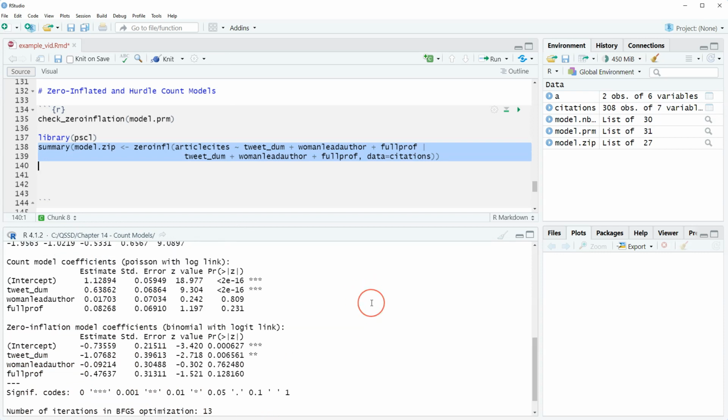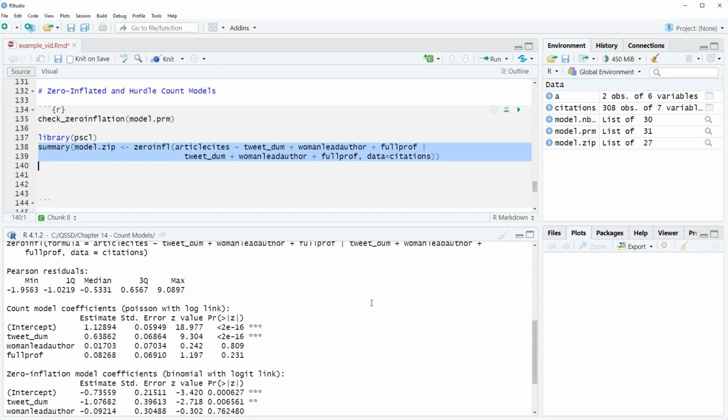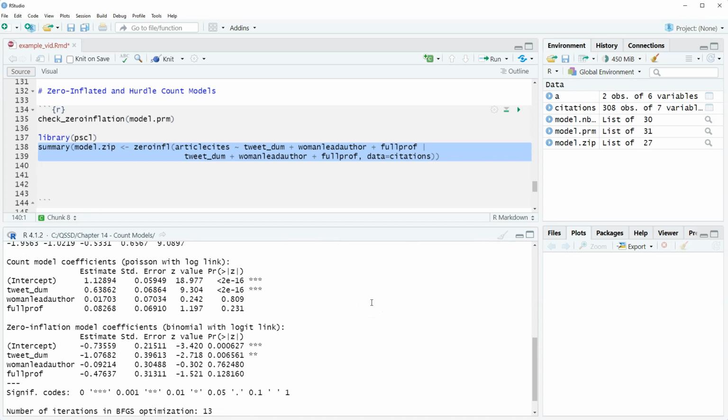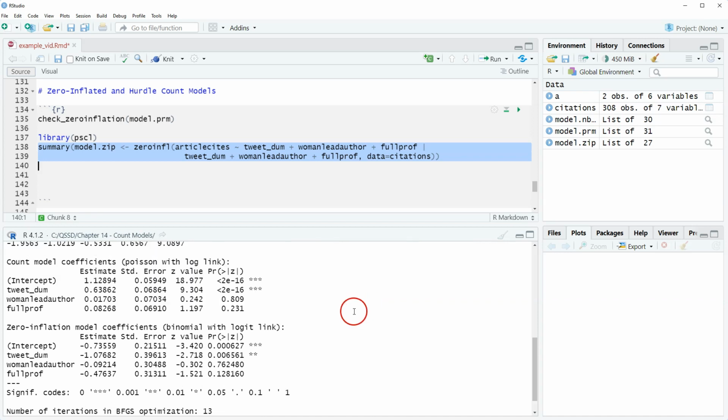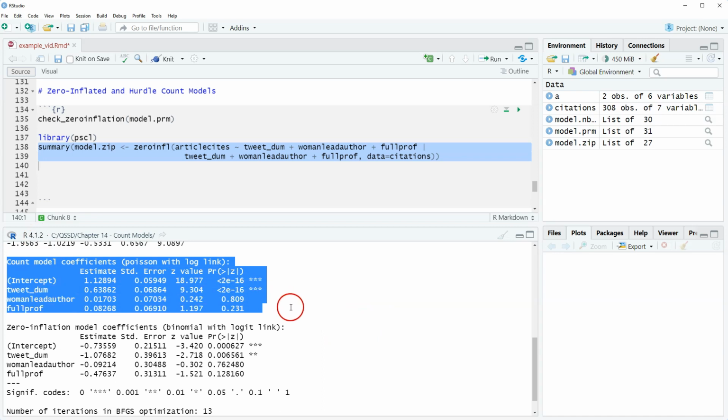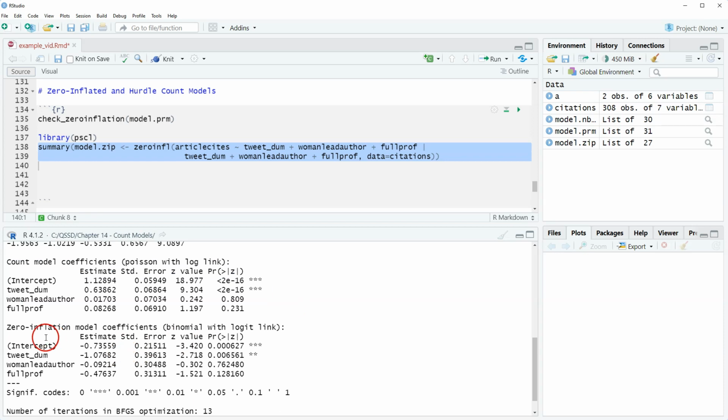All right, so here are the results we get. They look, again, similar to a lot of the regression outputs we've seen before. The top part, which says count model coefficients, is our count model.